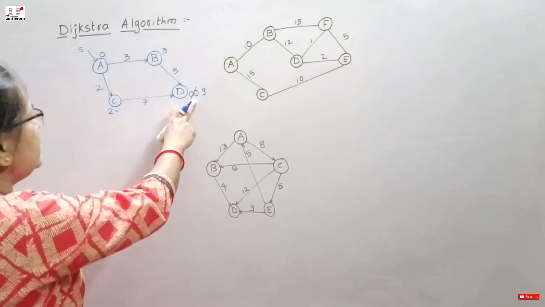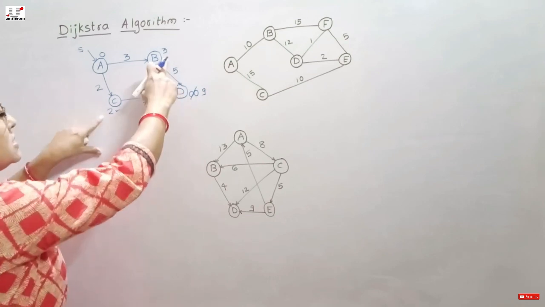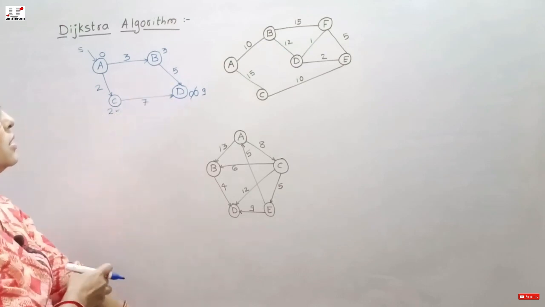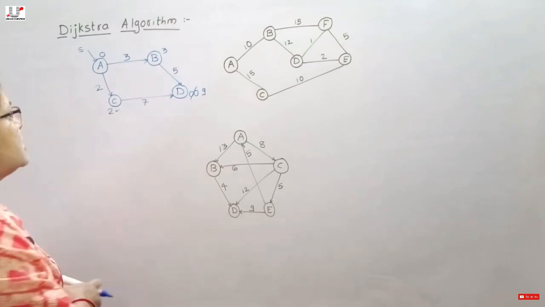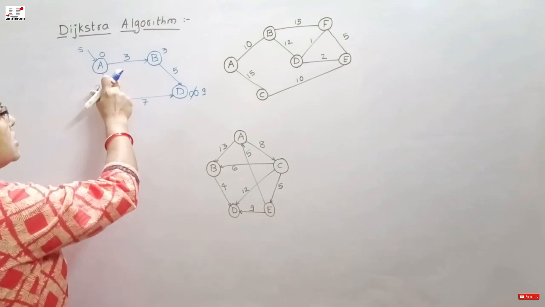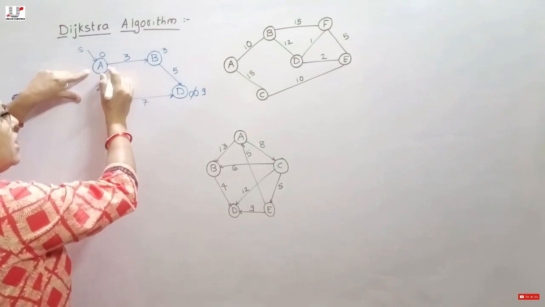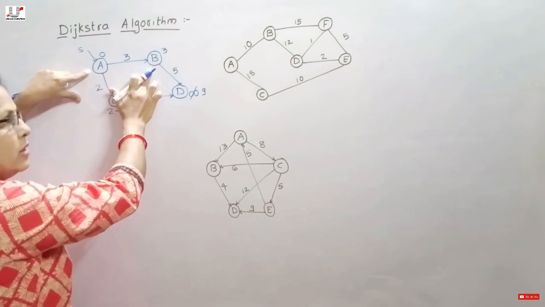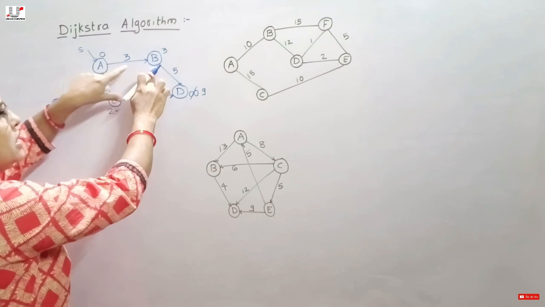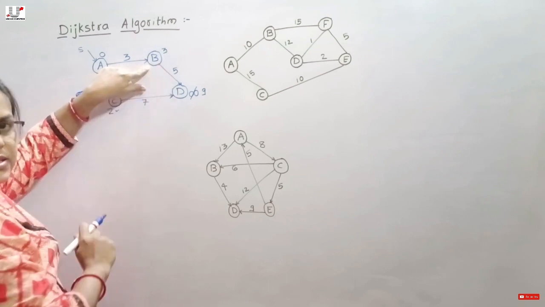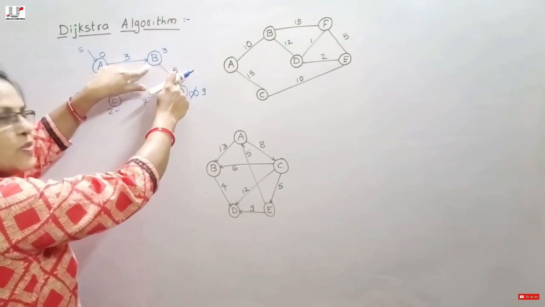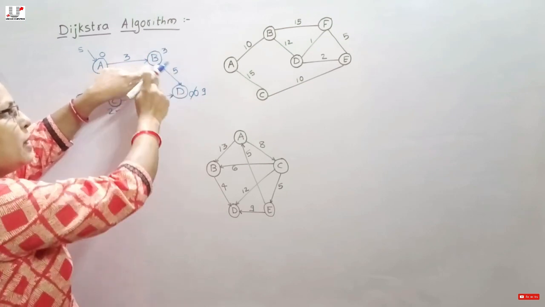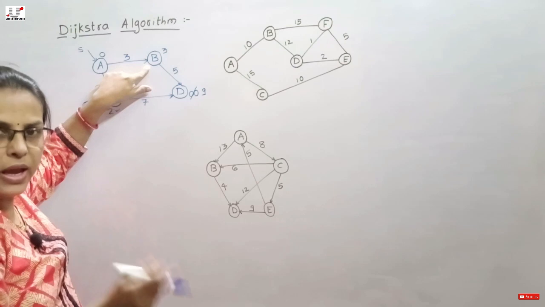Now again, among these 3 and 9, which one is the minimum? Here 3 is the minimum. So let us try to traverse from A to D via B. A to B has distance 3, so 3 plus 5 is equal to 8.